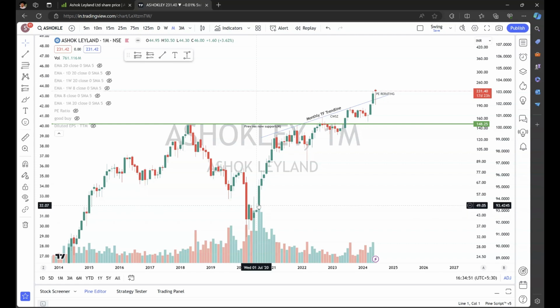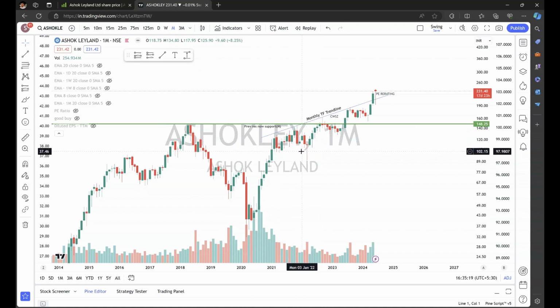After that the price started moving up and came very close to the previous high, but again it consolidated. It almost touched the previous high but could not cross it. And because it is a previous high, right?